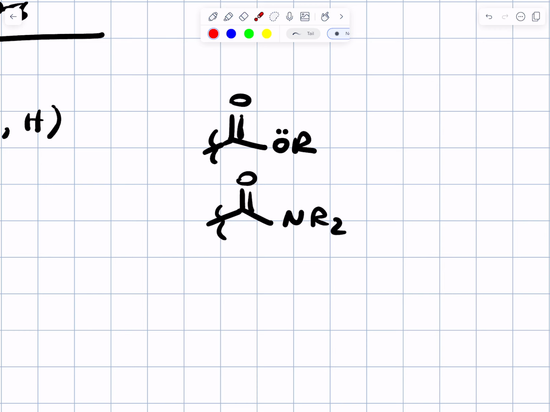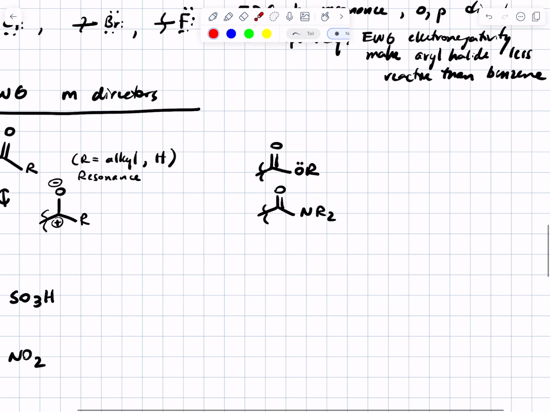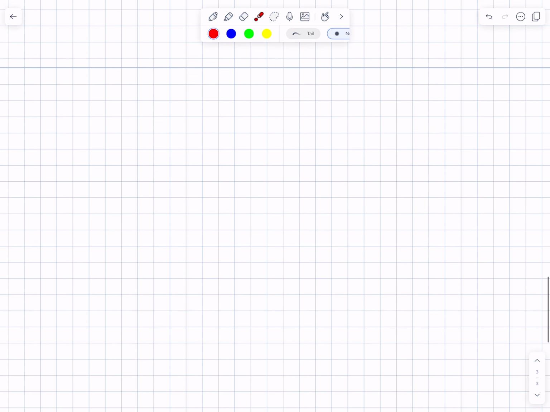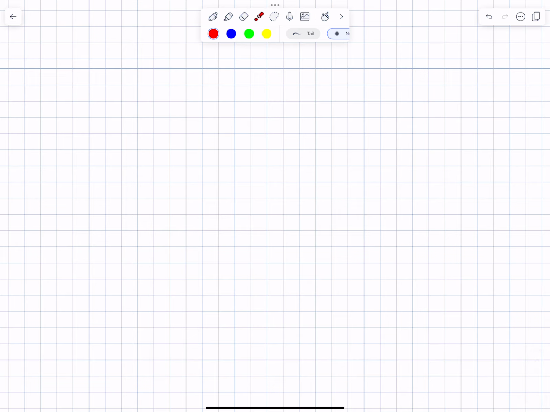All right. So with all of that in mind, we're now prepared to do some synthesis questions. Some of these are easy, some of them are more difficult. All right, so here is a benzene ring with an amide.